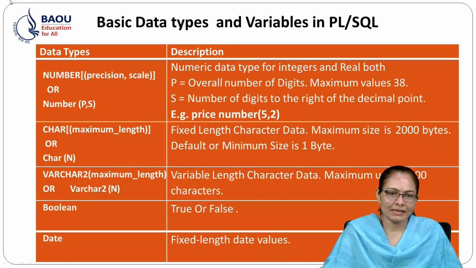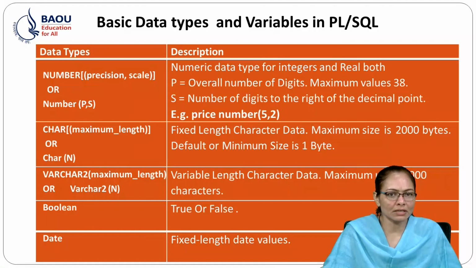The syntax of the number data type is number in round brackets; the square bracket is optional. The round bracket holds precision, comma, scale, that is P and S. The numeric data type is used for integers as well as real numbers, where integer means without decimal point and real means floating point number.